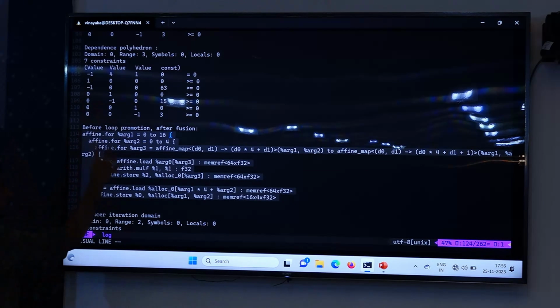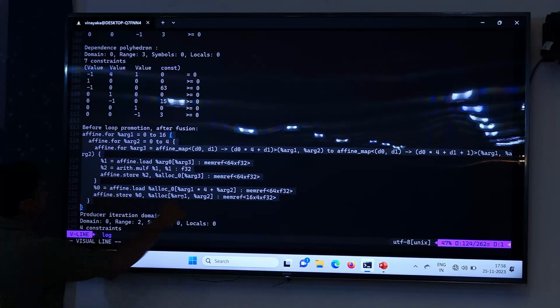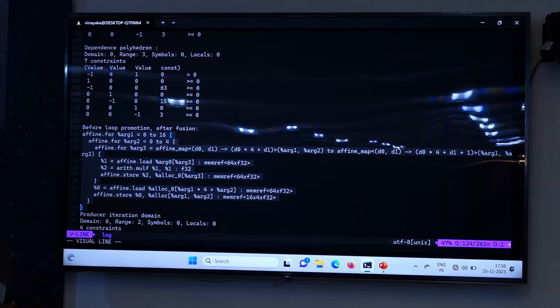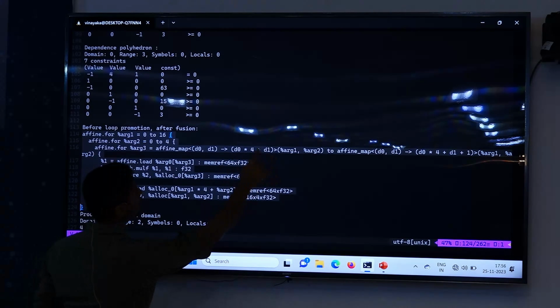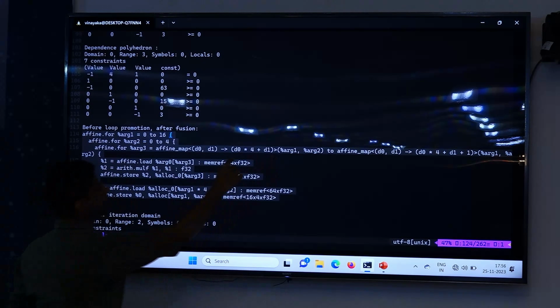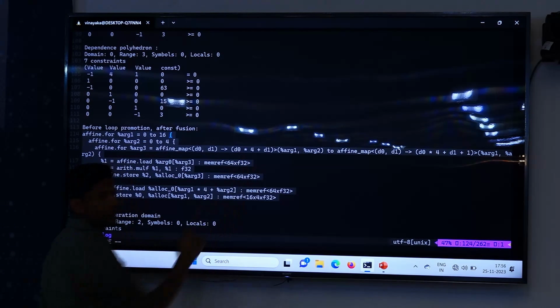Now I brought the entire source here. Instead of running it from 0 to 63 all the way, I said at this stage, this is going to load from arg1, arg2, right? For this arg1, arg2, who is going to write? And I asked that question, and it said this.